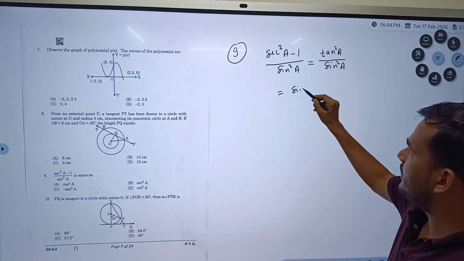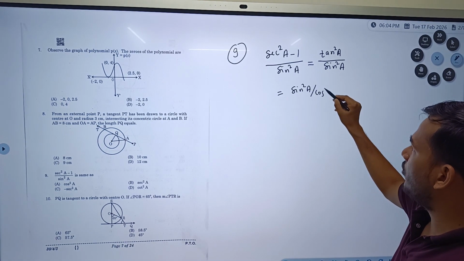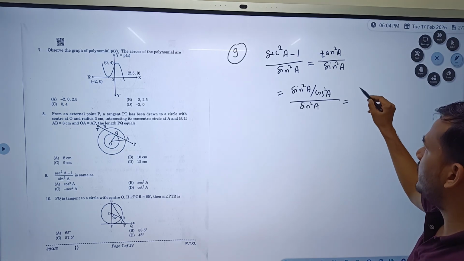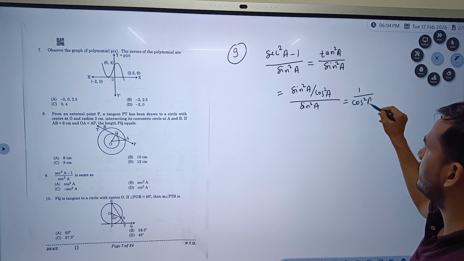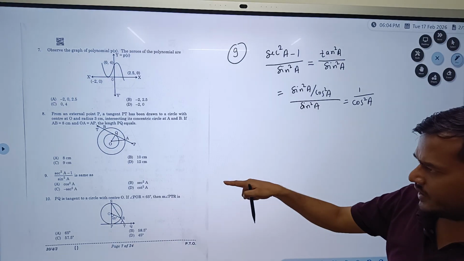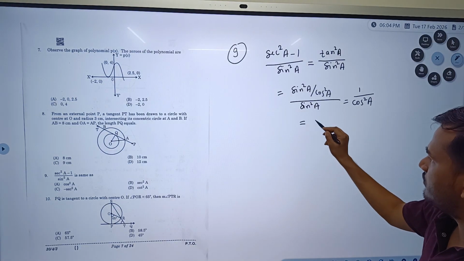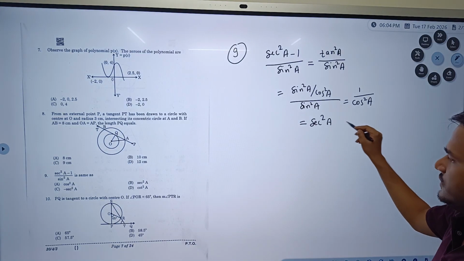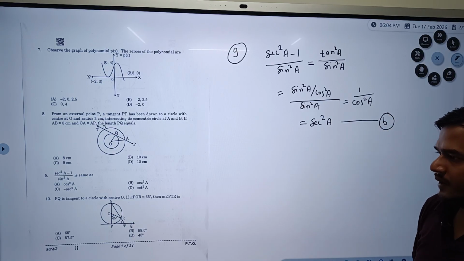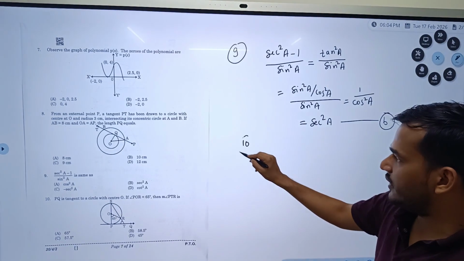So sin square A upon cos square A whole divided by sin square A. So that is equal to 1 upon cos square A. Now 1 upon cos square A, if we check at the options, 1 upon cos square A is equal to sec square A. This is option B. Ninth is option B.